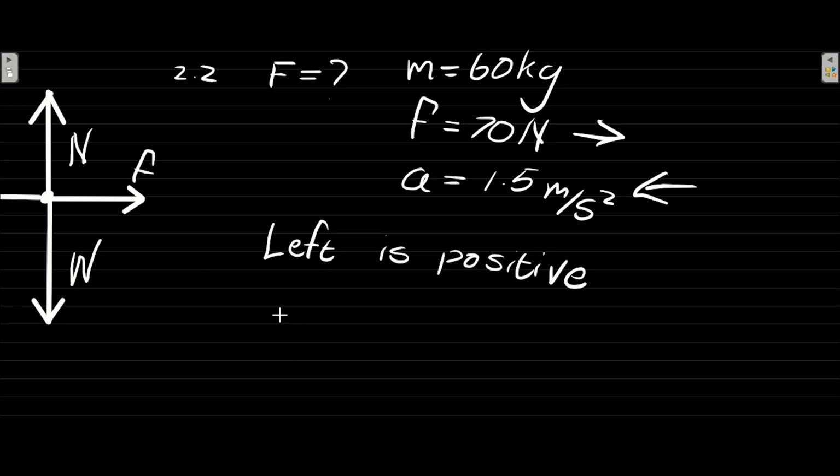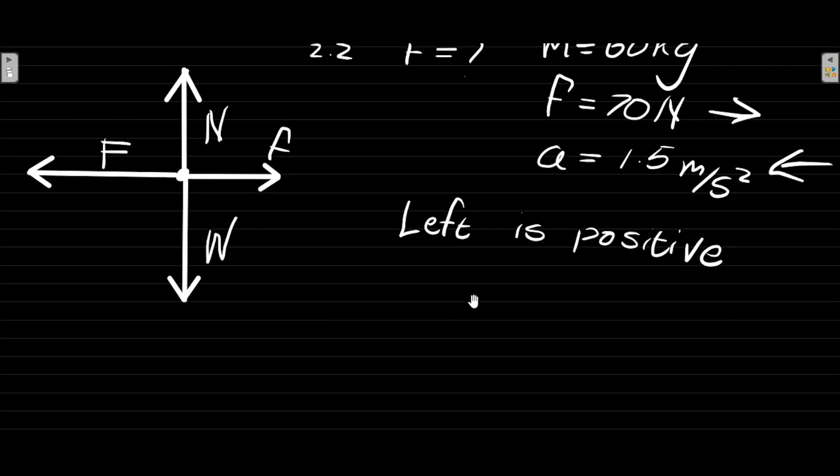So with left as positive, back to our free body diagram to understand, we have our applied force in that direction. So that's adding our applied force, subtracting, because it's towards the right, our frictional force.